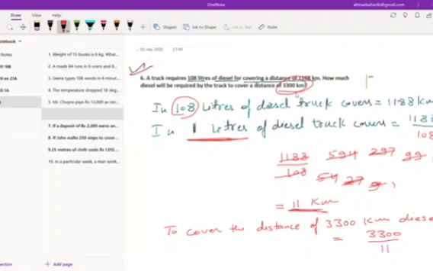Okay, 3,300 divided by 11. The total distance divided by the distance in 1 liter of diesel. So 11 ones are 11, 11 threes are 33, 2 zeros as it is. So 300 liters of diesel. Is it clear? So if you want to cover 3,300 kilometer distance, you need to have 300 liters of diesel. Is it clear, students, or not?